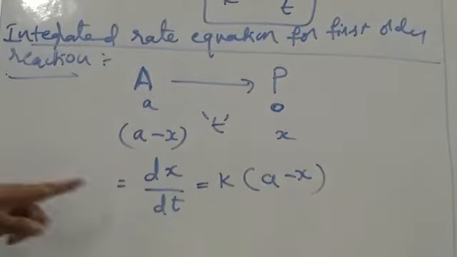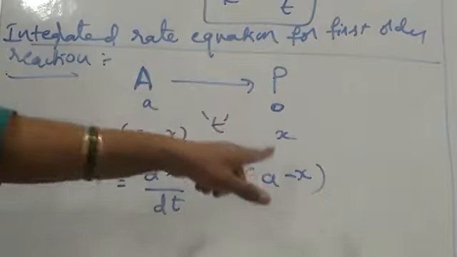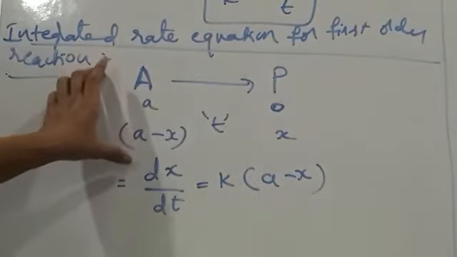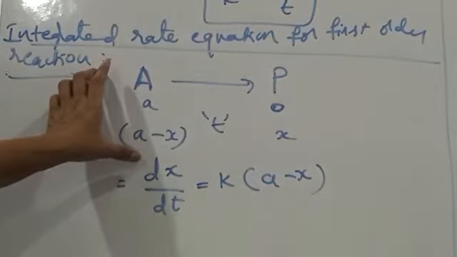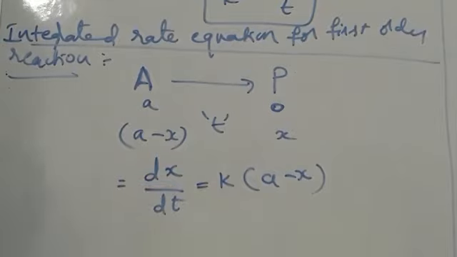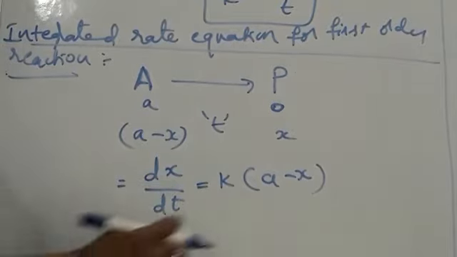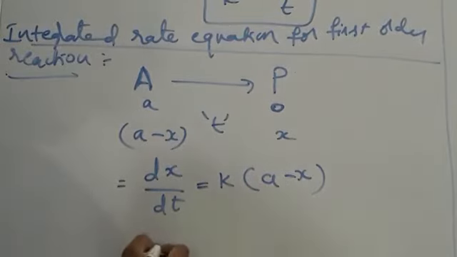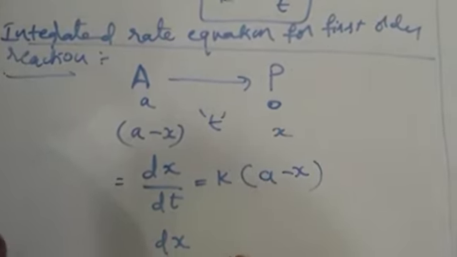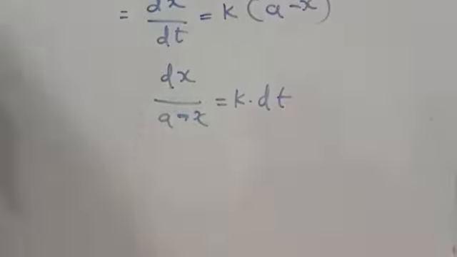Why? Because rate of reaction depends upon the concentration of reactants. Okay. So, what is K here? Rate constant. Okay. Now, we can write the same equation as dx by a minus x is equal to K into dt.